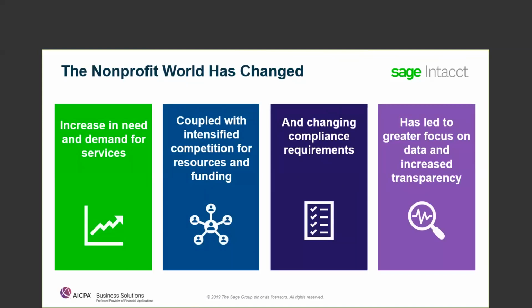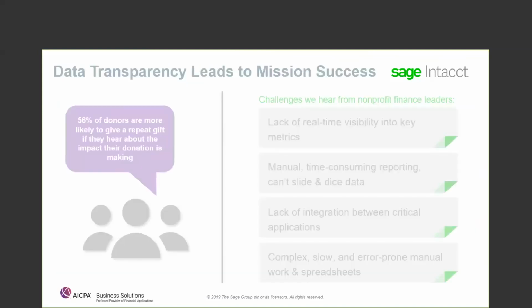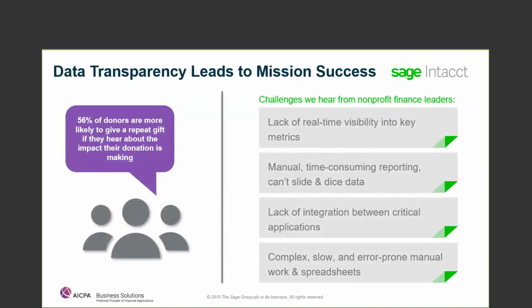Many of the challenges of nonprofit organizations that we see is they're working with an older version of an accounting system. They're using things like Excel, and their data transparency and their ability to share information with all levels of the organization are hampered.